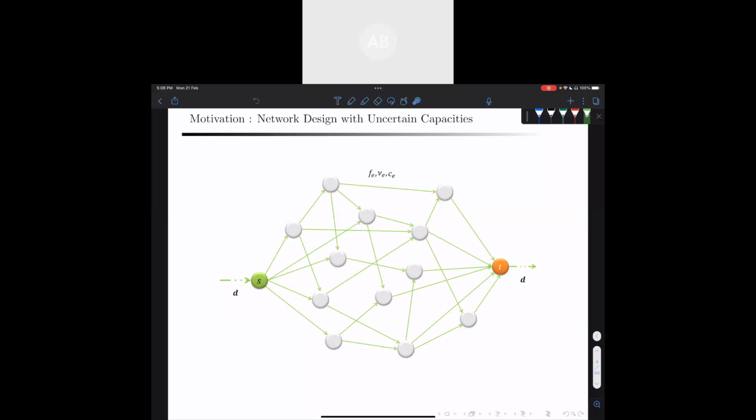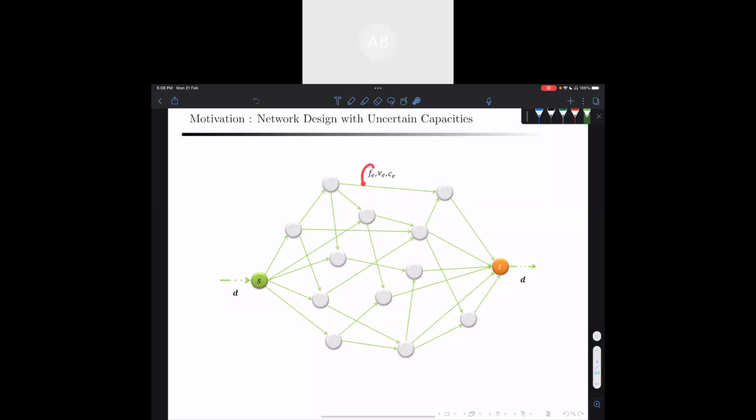Different parameters of a network design problem could be the fixed costs of setting up these arcs and nodes. Think, for example, of setting up a water network, a gas pipeline network, an electricity network, or just an information transmission network.